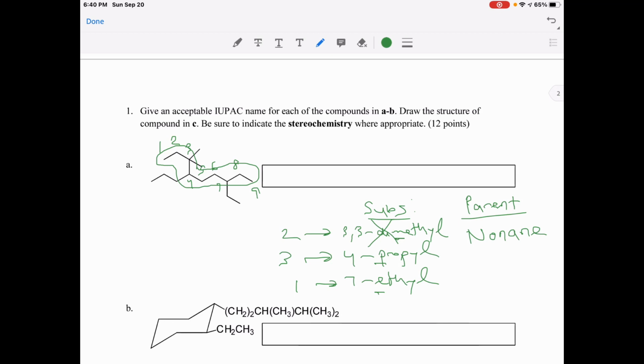Now that we have this order, we can put everything together and get our final name. Let's go ahead and do that. Since 7-ethyl is at the top of this alphabetical arrangement, we list it as 7-ethyl. Our next one is the 3,3-dimethyl, so we write that down as well.